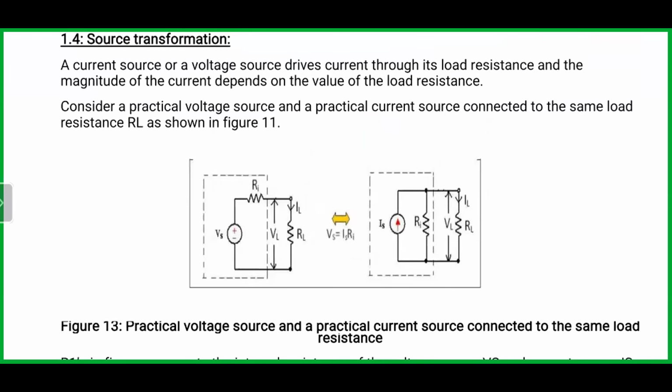So let's consider this. Consider a practical voltage source and a practical current source connected to the same load resistance as shown in figure 11. The first one is a voltage source, driving current through an internal resistor. The first resistor is an internal resistor, and that resistor is very negligible.